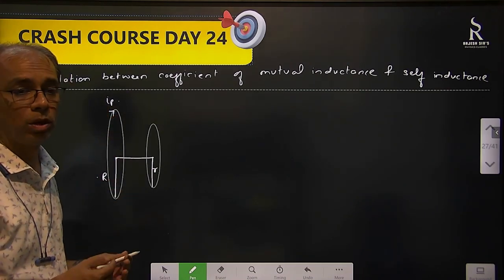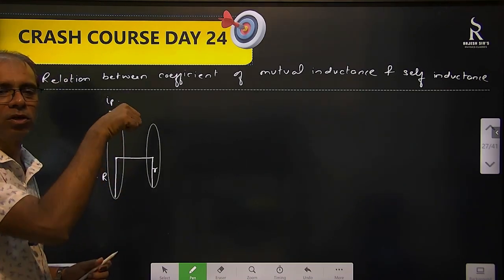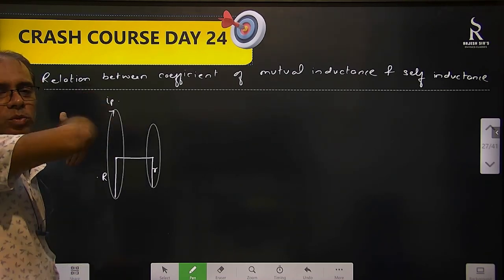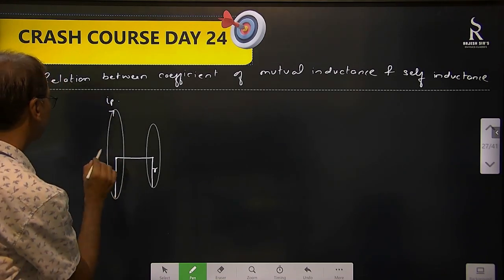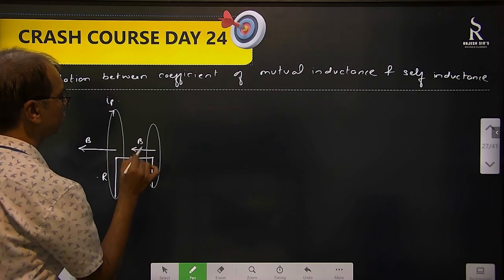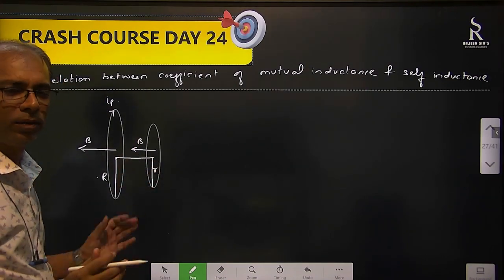So what happens? This is going to produce its own magnetic field. What will be the direction? We know how to find the direction. The current at the top is inside, so the magnetic field is towards left. So here the magnetic field I will say is B, and here also the magnetic field is B. Same magnetic field, they are very close to each other.